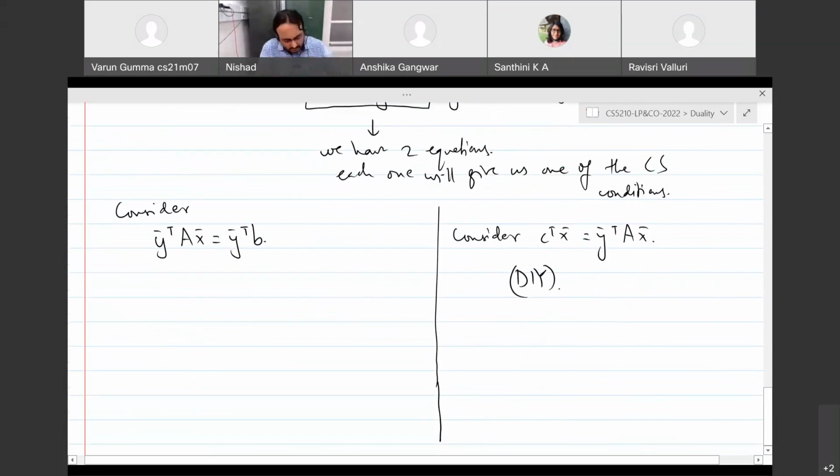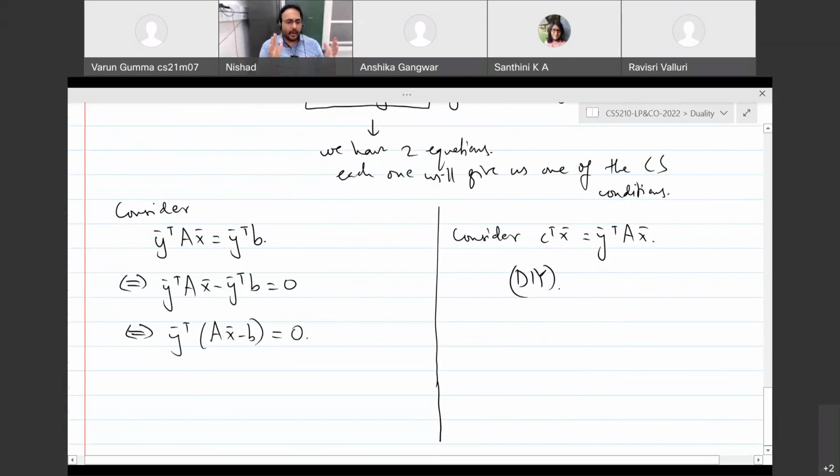All right, so what does this mean? This means that y bar transpose A x bar minus y bar transpose b is equal to 0. This means that y bar transpose times (A x bar minus b) is equal to 0.